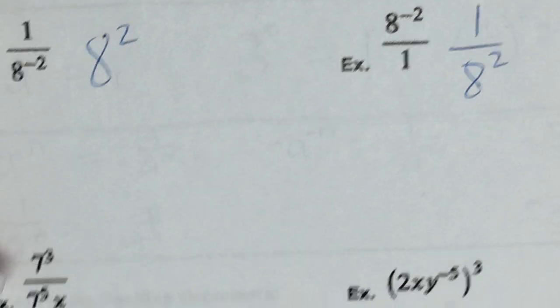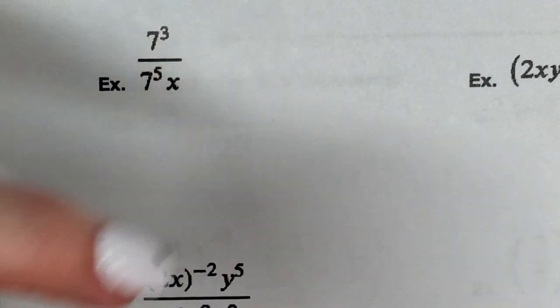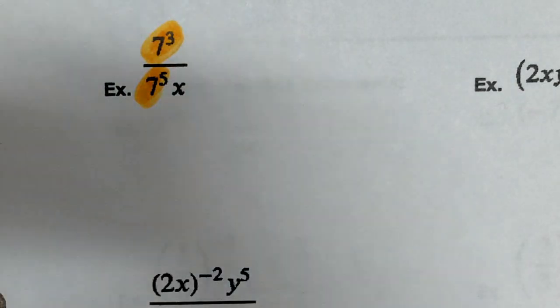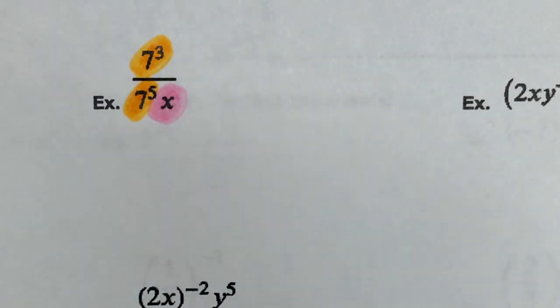All right. Now we're going to get into the ones where we start to challenge ourselves. So I'm going to use my highlighter, and I'm going to highlight the ones with the same bases. If you want to be successful on challenging problems, you must show your work. That is the biggest thing I can tell you.